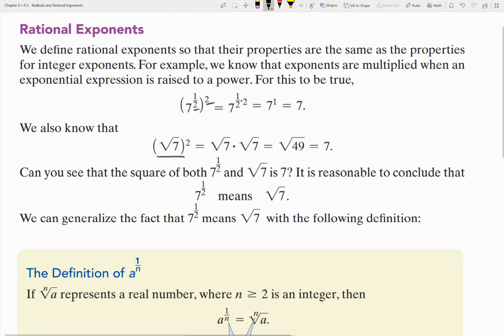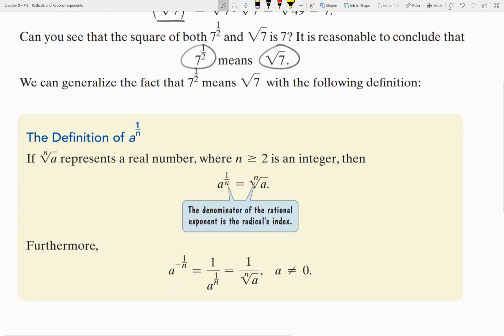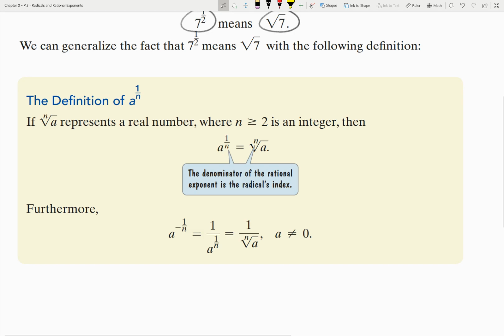So the square root of 7 squared also gives you 7. So both 7 to the 1/2 power and the square root of 7, if you square them, are both 7. So that also means that they're the same, a different way of writing the same number. Okay? And we can extend that with a formal definition.